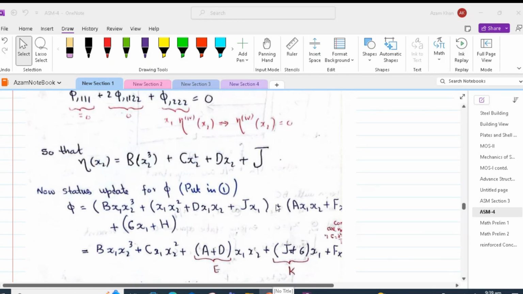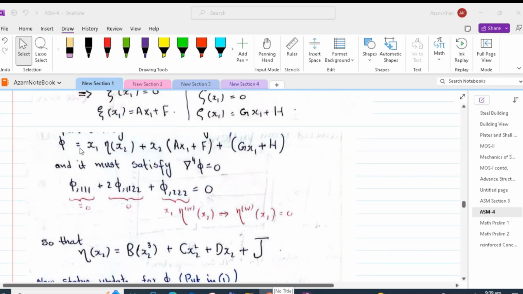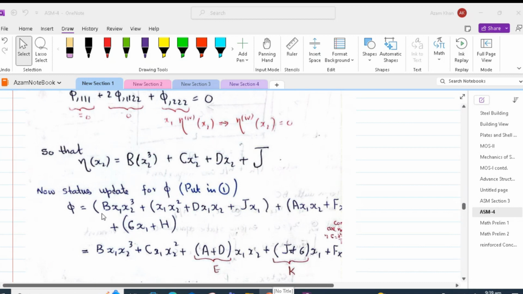We can plug the values in the phi equation and we get b x1 x2 cube plus small bracket c x1 x2 square plus d x1 x2 plus j x1, then plus small bracket a x1 x2 plus f x2, and then plus small bracket g x1 plus h.